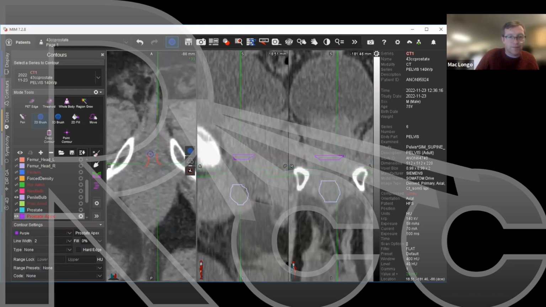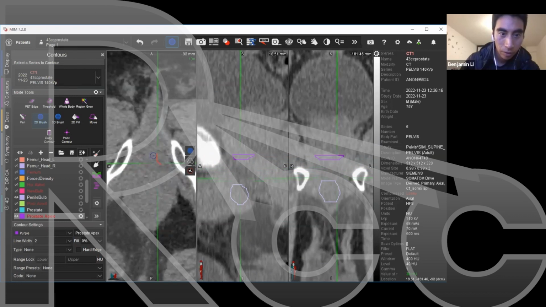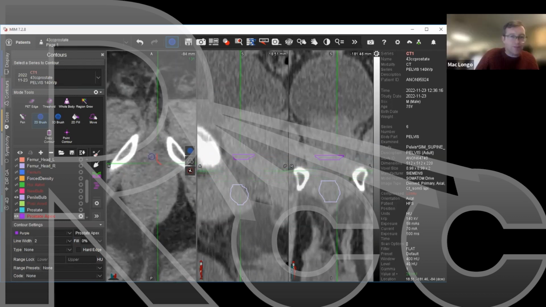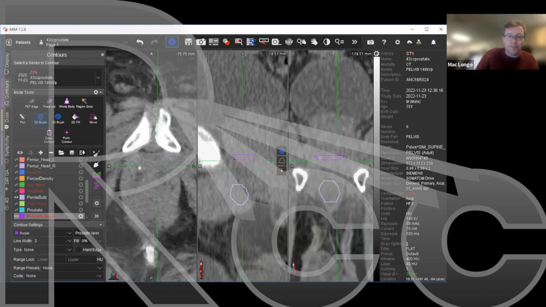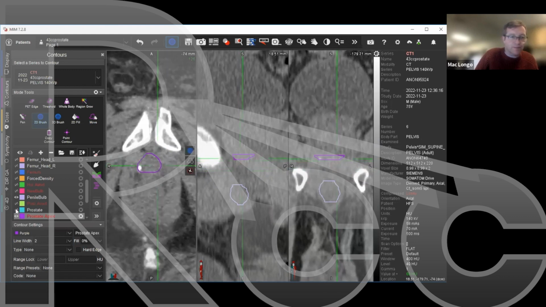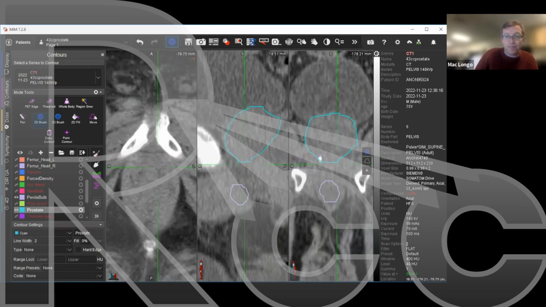You see that circular structure there. So again, it's a challenging, subtle finding. MRI scan, one of its primary purposes is to really better delineate the apex. But I think this is a very reasonable way to help you with your apical contouring. The other thing I want to call your attention to is using your other planes. I think sometimes what's not as clear in the axial is much more clear when we're in the sagittal and coronal planes.